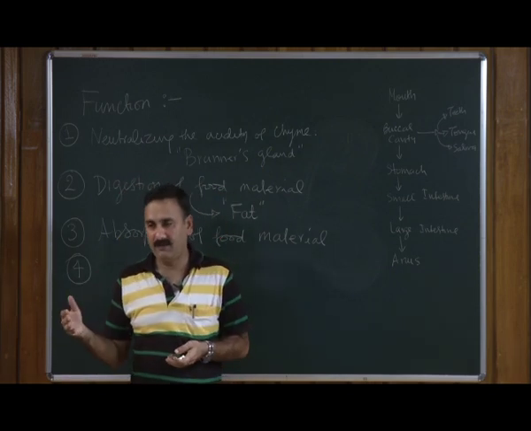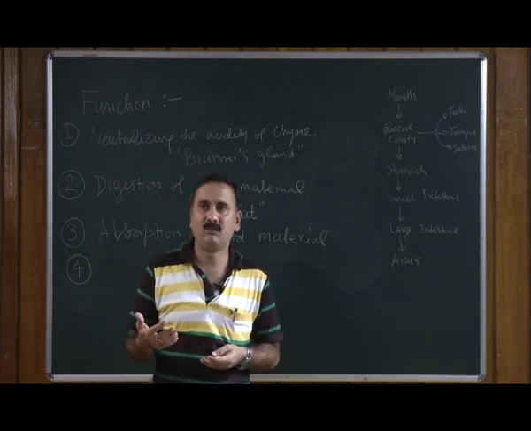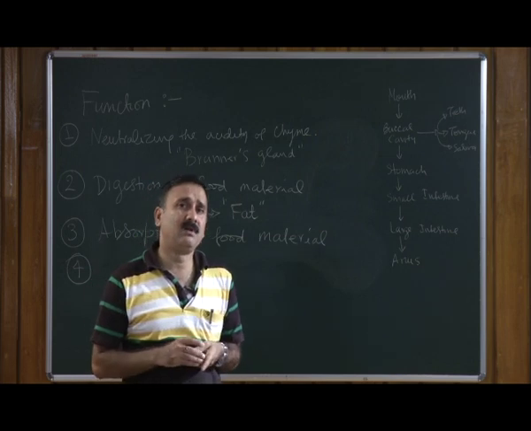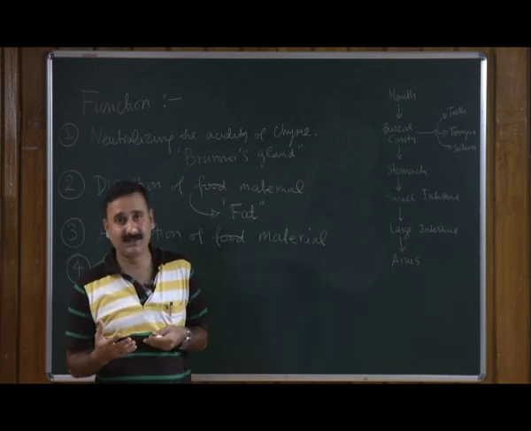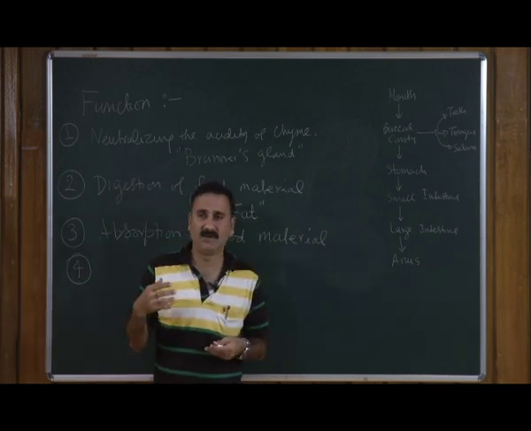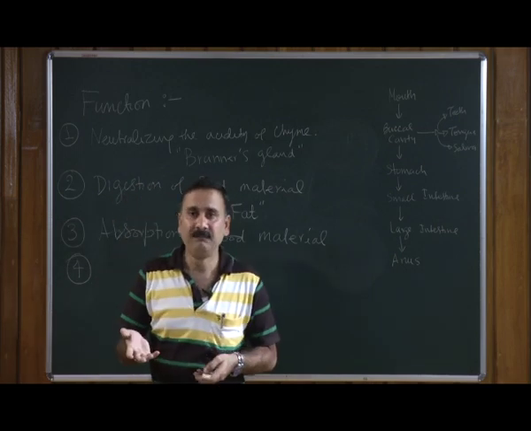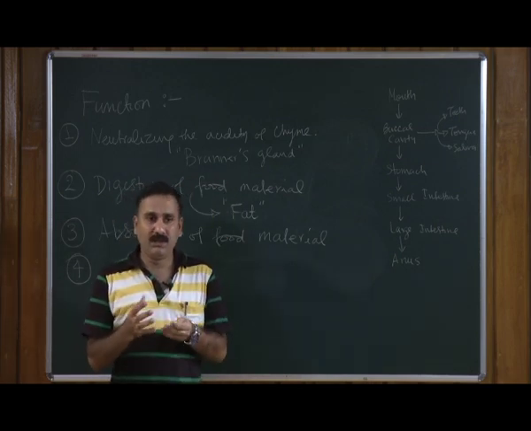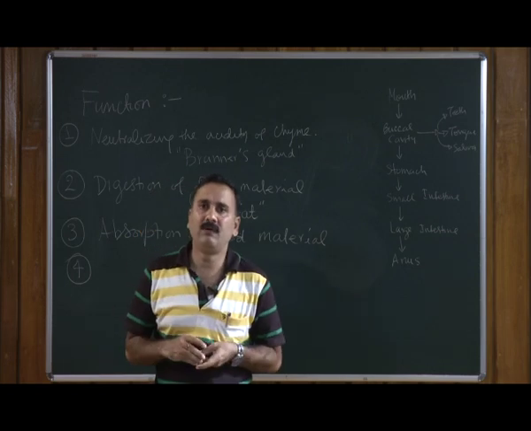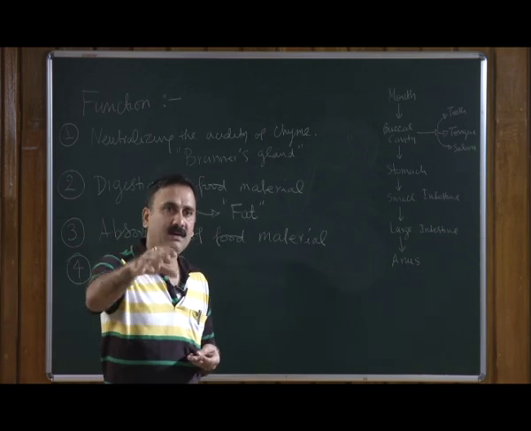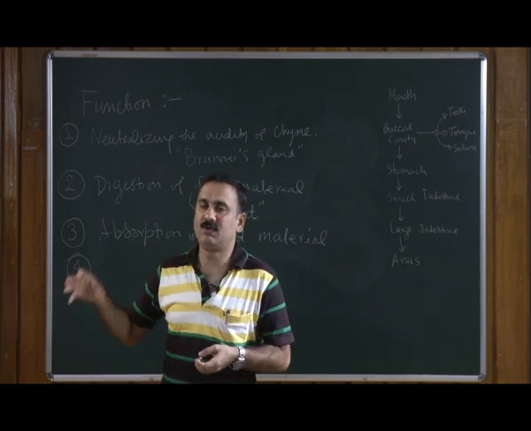You need to secrete the hormones, you need to secrete the acids, you need to secrete different types of enzymes, so that there is a coordination of digestion between the different parts of the alimentary canal.